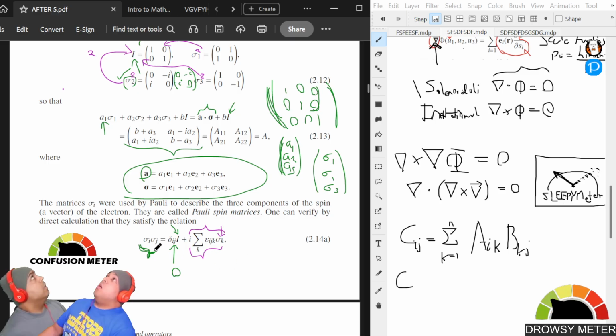So can I write that down? Different results in I multiplied by row k. Yeah, yeah.